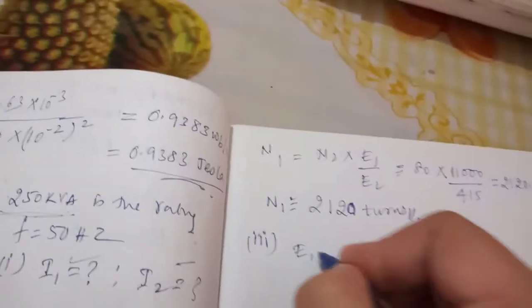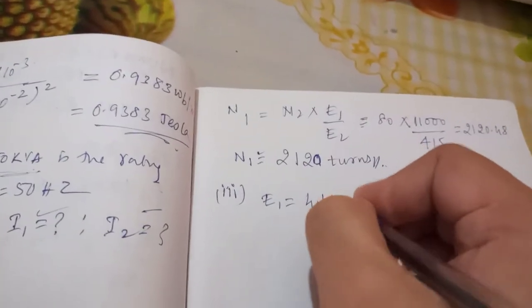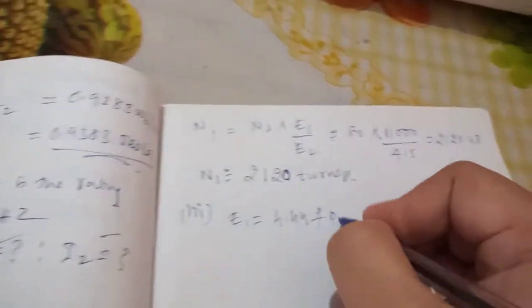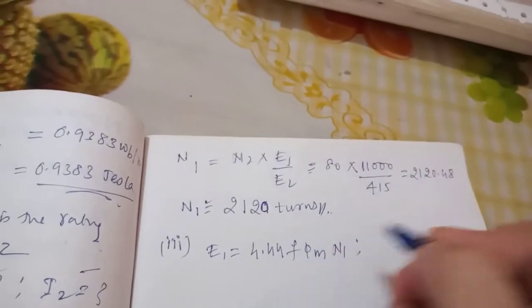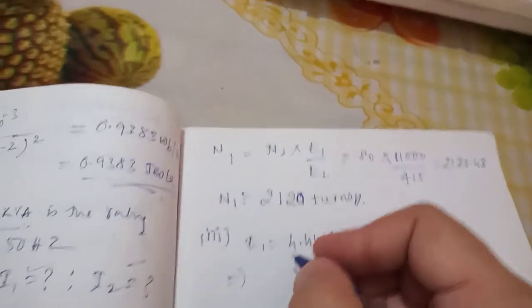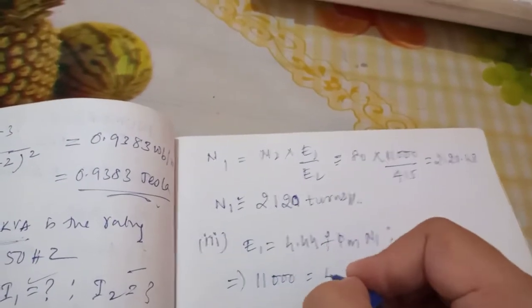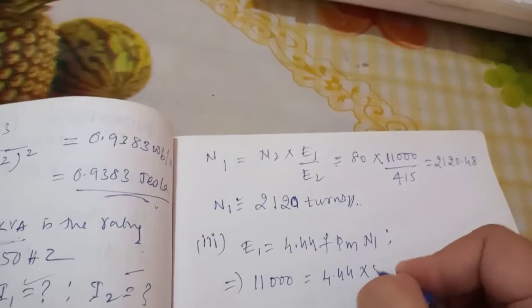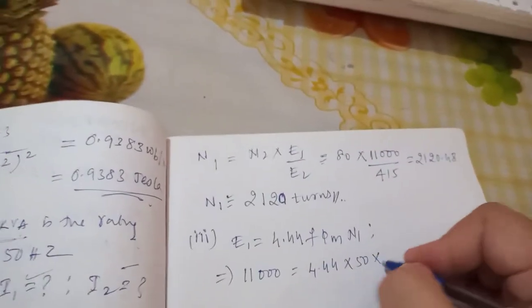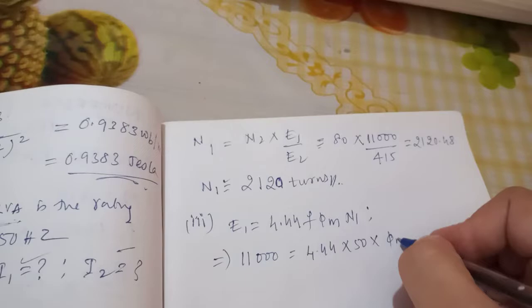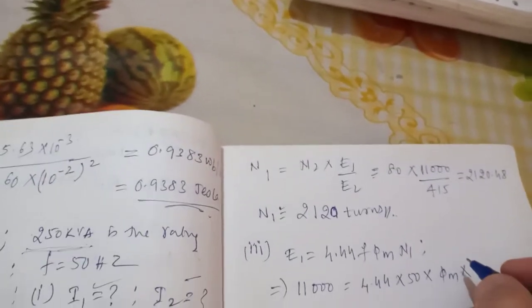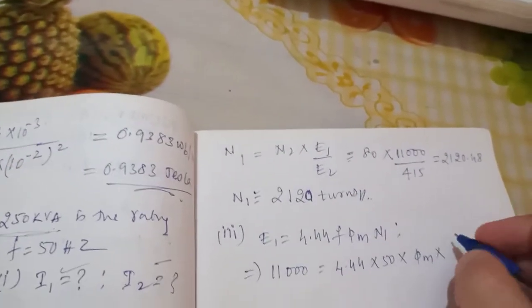So E1 is equal to 4.44 into f into phi m into N1. E1 is 11,000, equal to 4.44 into 50 into phi m, which we have to calculate, into N1, which we just calculated.